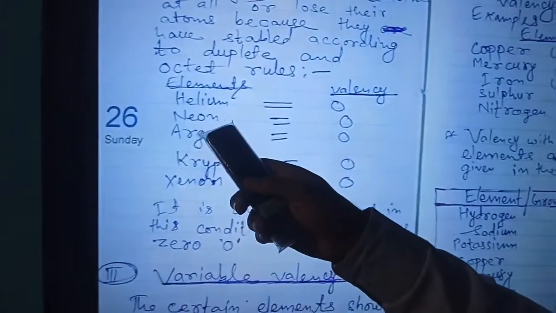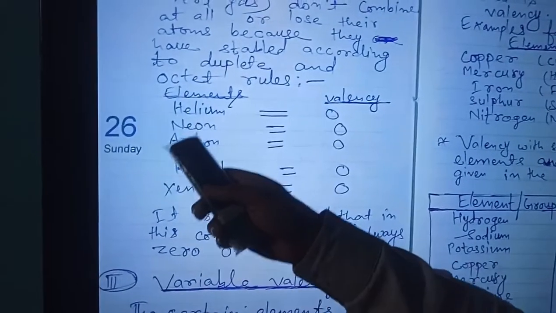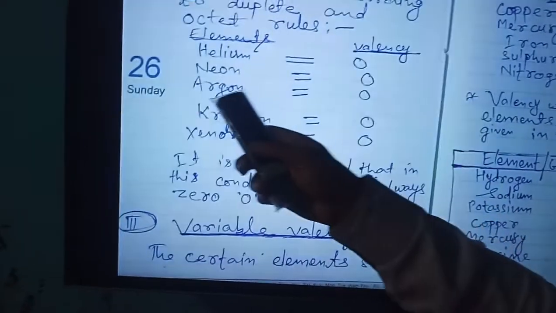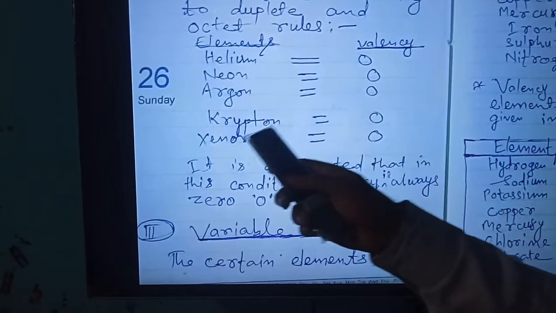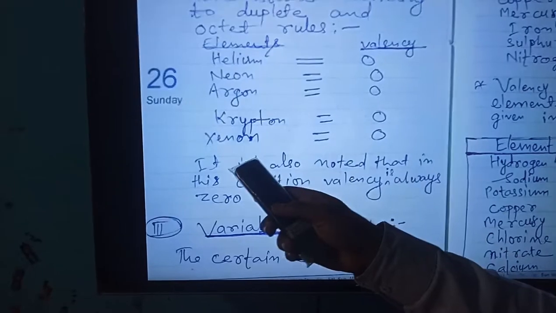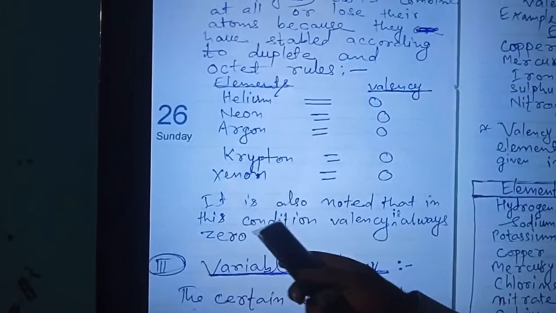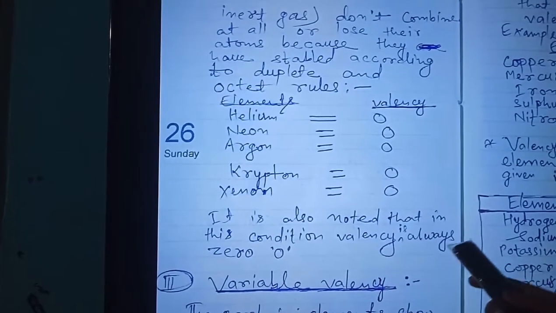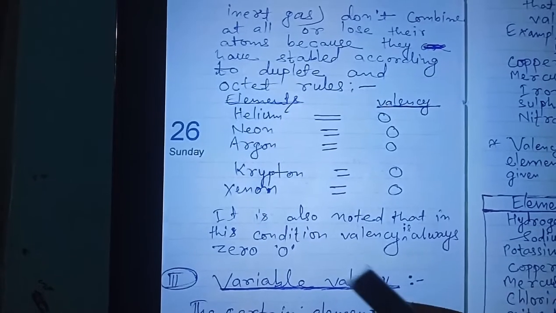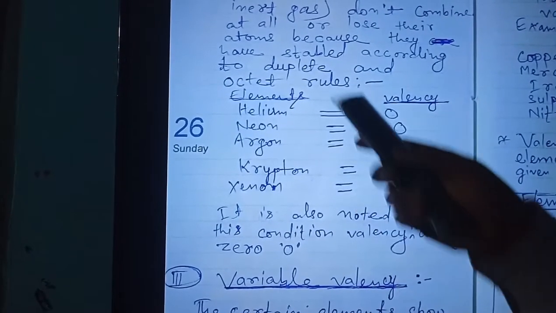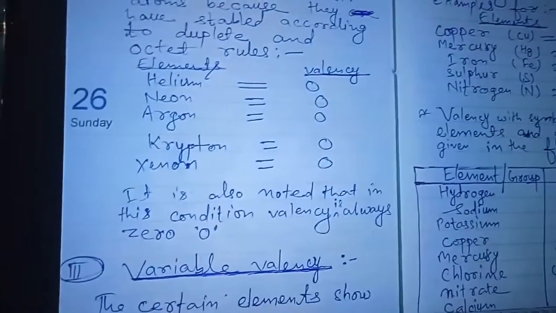Some of the elements and their valency are given here: helium 0, neon also 0, argon also 0, krypton also 0, xenon also 0. Note that in this condition valency is always 0.